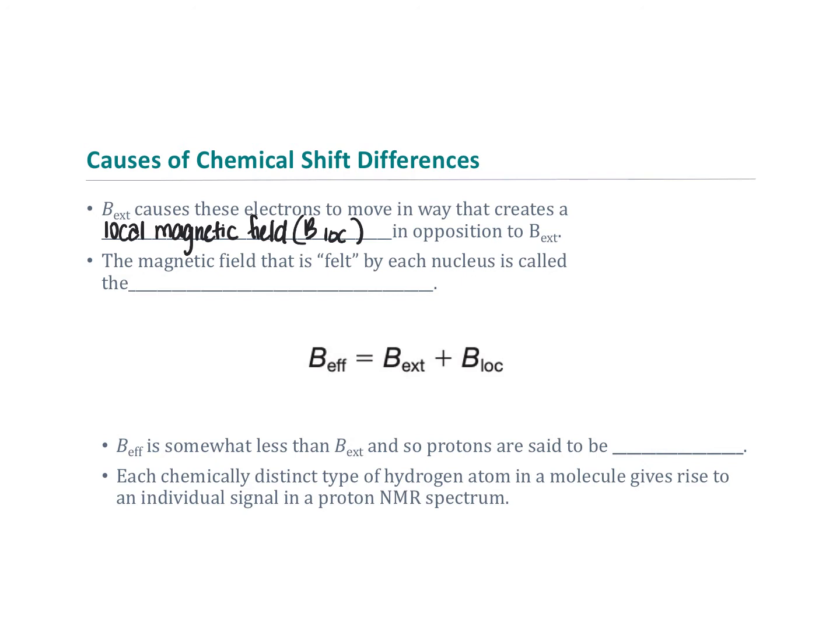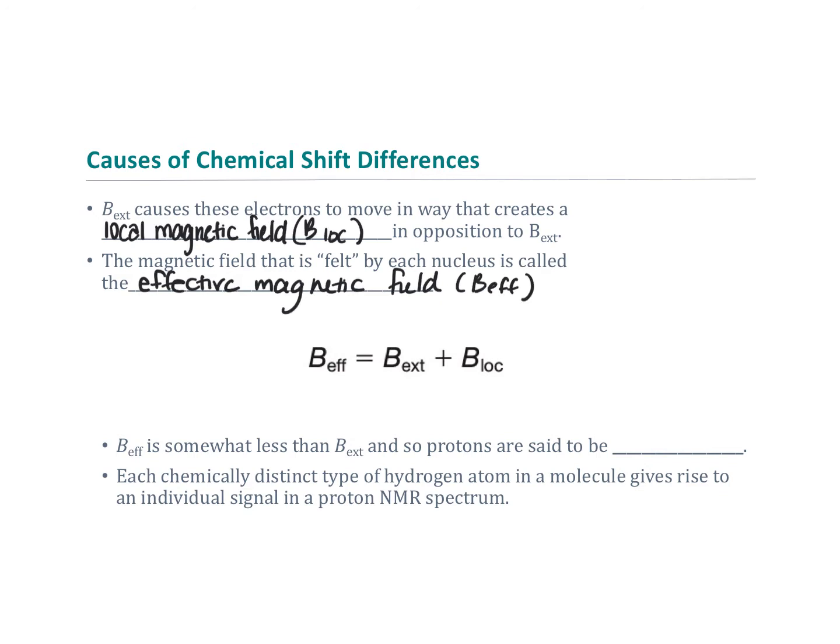And that's in opposition to the external magnetic field. Now, the sum of the two magnetic fields is the effective magnetic field, and that's what's felt by the nucleus. All right, and that's represented with the equation there.